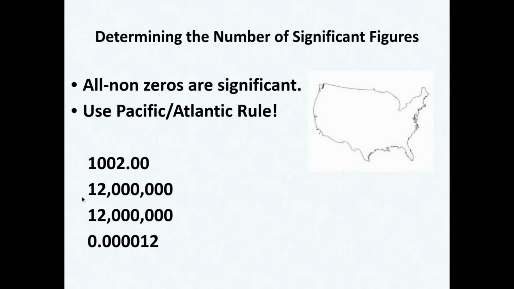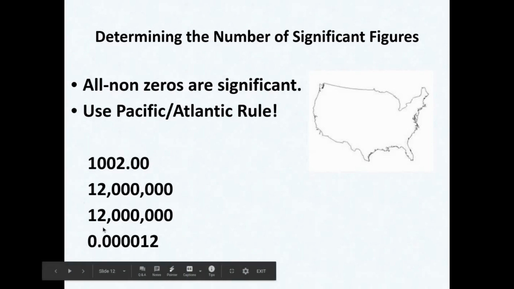So we would have 2 significant figures. If we look at this number, decimal is present, so we would start on the Pacific side, come to the first non-zero, and we would have 2 on this number as well.